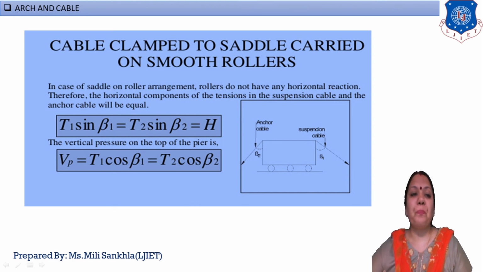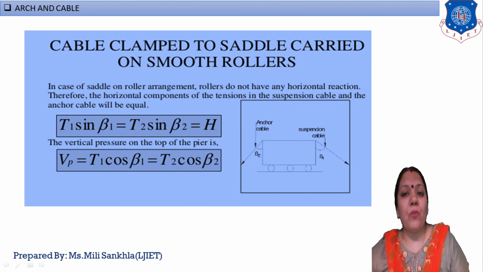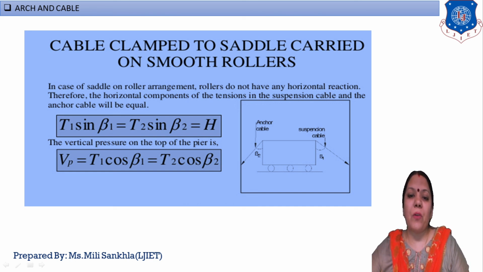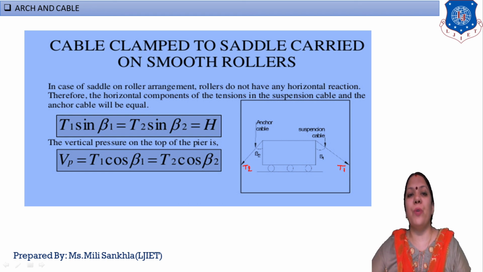Now next, cable clamped to a saddle on a smooth roller. Again this box is the saddle and it is mounted on this roller support. This force is given, and this force is our T1 force, and this tensile force is equal to T2. Now for this, T1 is not equal to T2, and this roller support moves left and right.